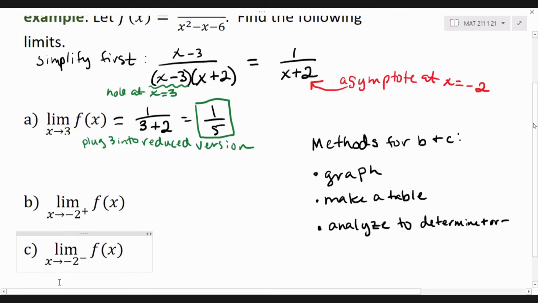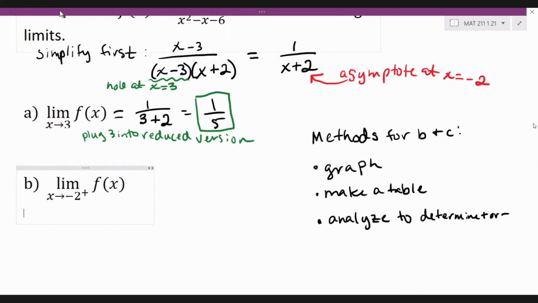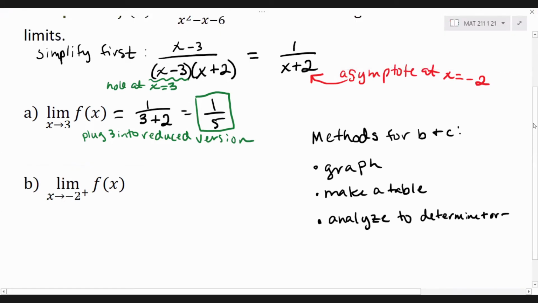If we're doing part B first, we are looking at what happens as x gets close to -2 from the right. We know that x is going to be greater than -2 because we're approaching it from the right. If x is greater than -2, then x plus 2 is positive.